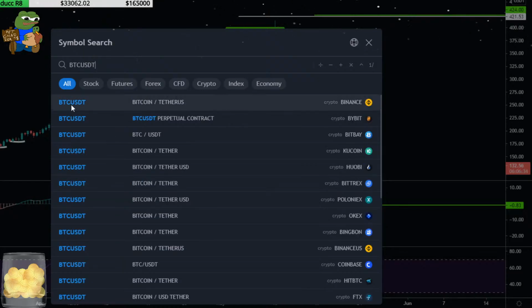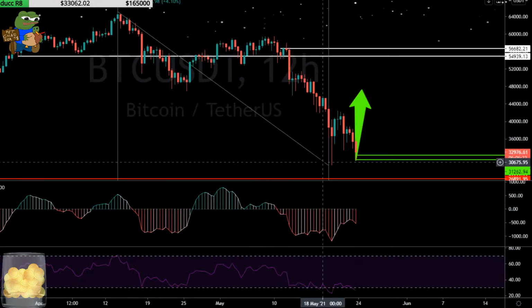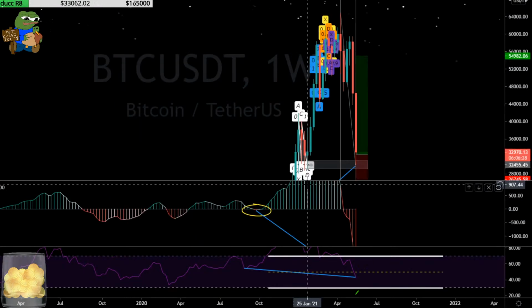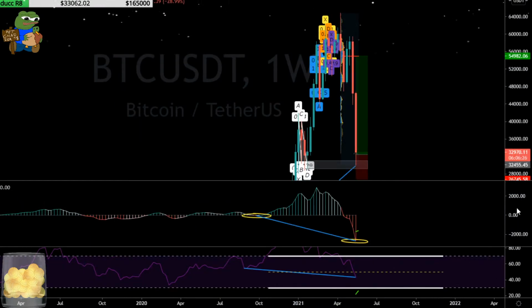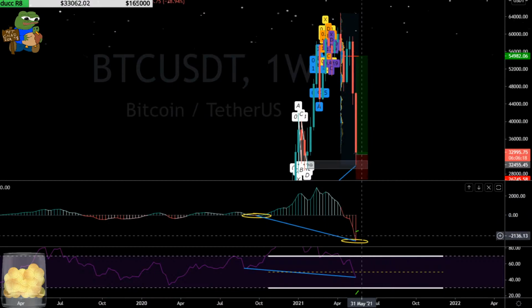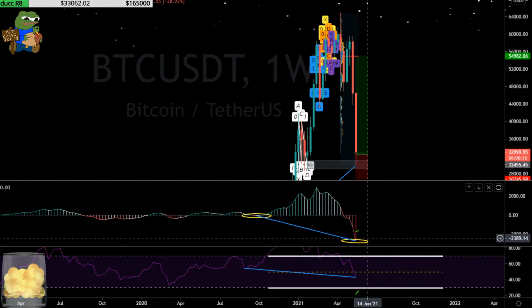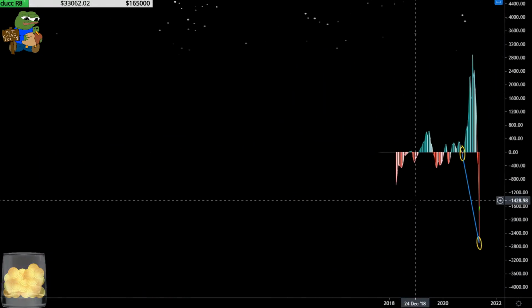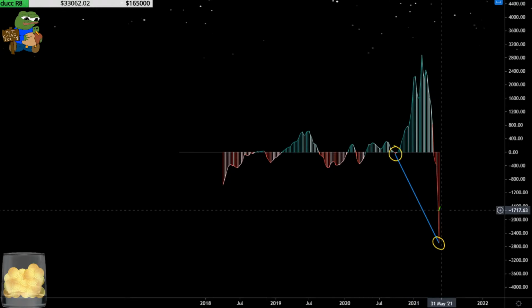Let's go back to Bitcoin and kind of let's do that same thing. Okay, so Bitcoin, you see how Litecoin is barely starting to pop its head out of the negative momentum, whereas Bitcoin's got quite a bit of it, like more than we've seen ever on the weekly.